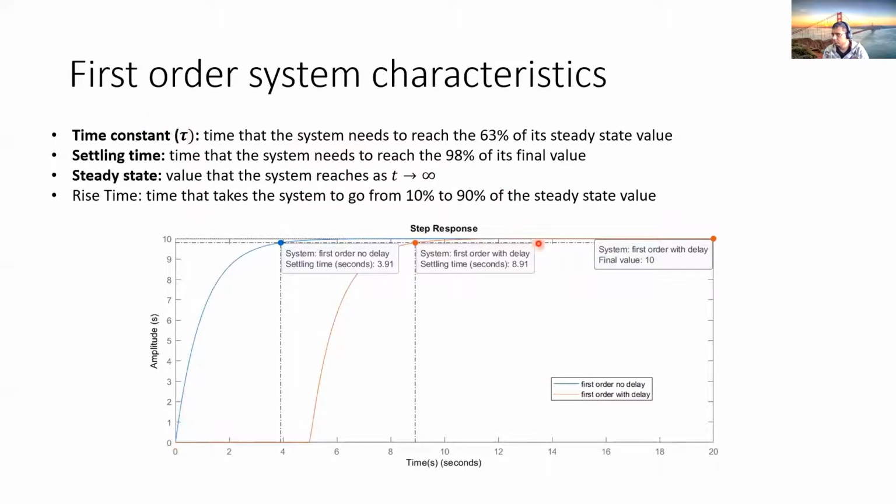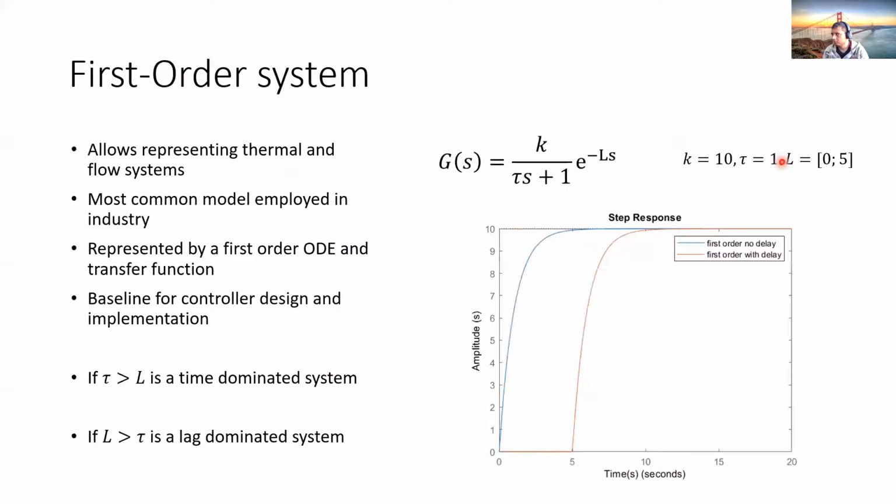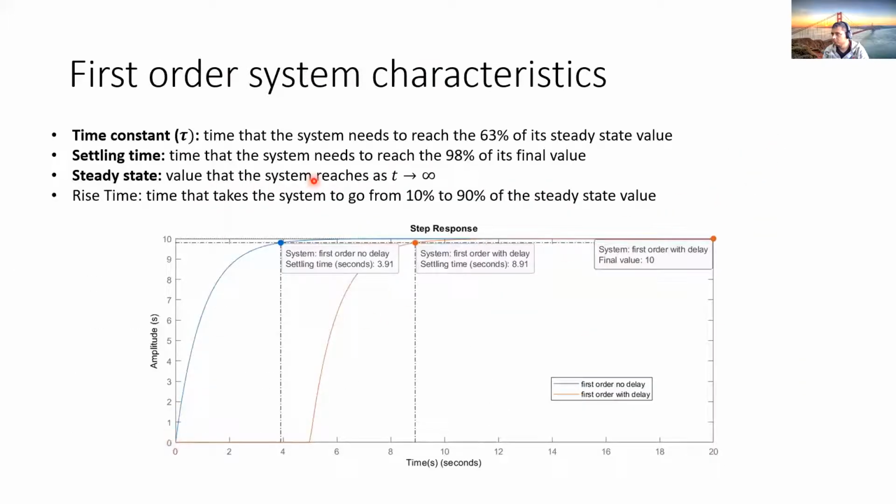Tau depends on the time constant. In this case, tau for us is 1. This is the settling time for the blue curve, as you can see here. 3.91 seconds is about 4 tau. In the other case, as we can see here, because of the delay, we start at 5.